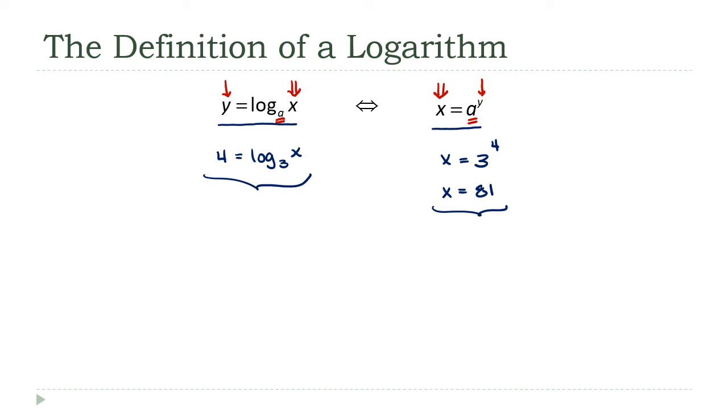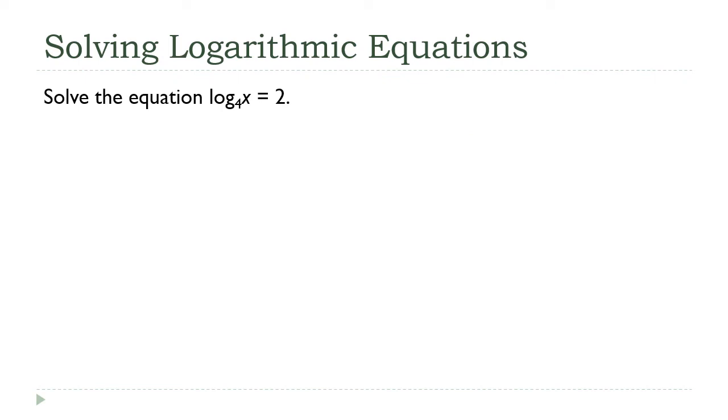So let's look at another example. Take a look at this thing. Log base 4 of x equals 2. How can we solve this maybe a little quicker without resorting to really trying to match up the pieces? Well, remember what I said. The bases stay the same.